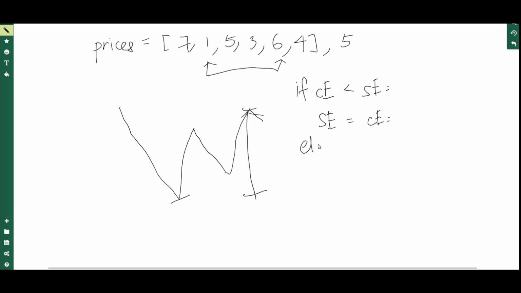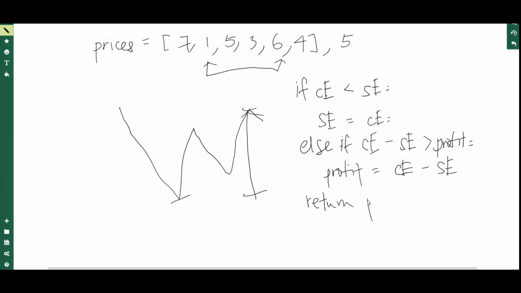Else, if the current element minus the smallest element is greater than the profit so far, then profit equals current element minus smallest element. And in the end, we simply return profit.